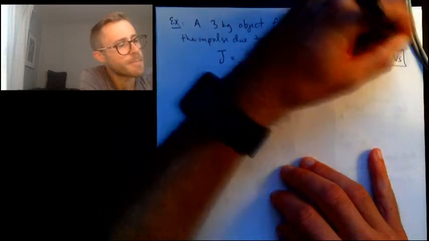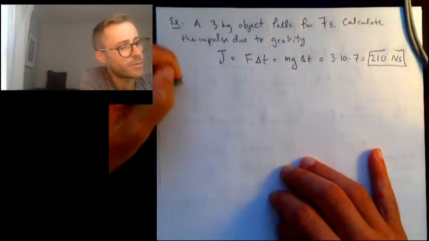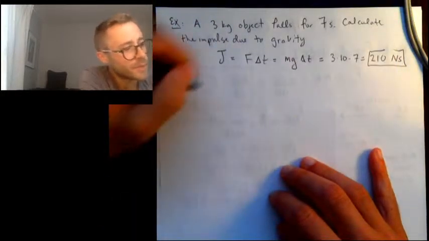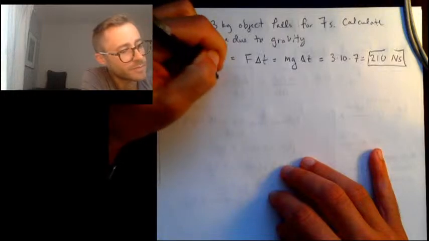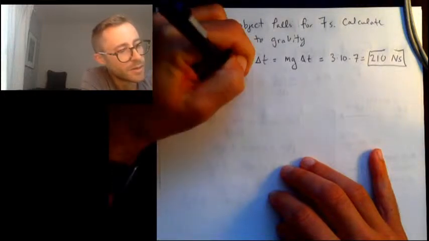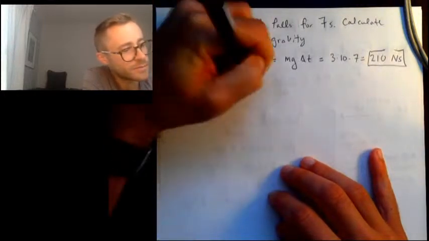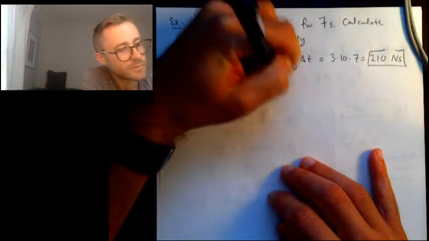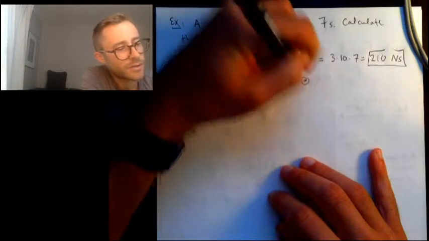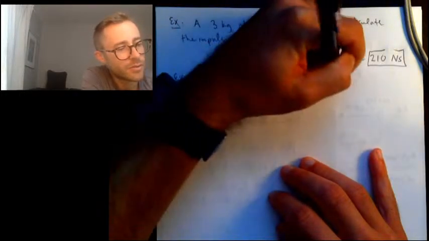Let's do another example. A 3 kilogram object moves to the left at 11 meters per second.